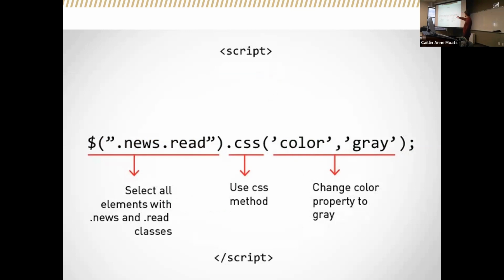So you just say, okay, this is the element I want to get. This is the dollar sign, this is the selection that needs the tweet. The method or the action that we use is css. And these are the arguments that you pass into that function called css. The function happens to be color and change, which means specify color, that it's gray.